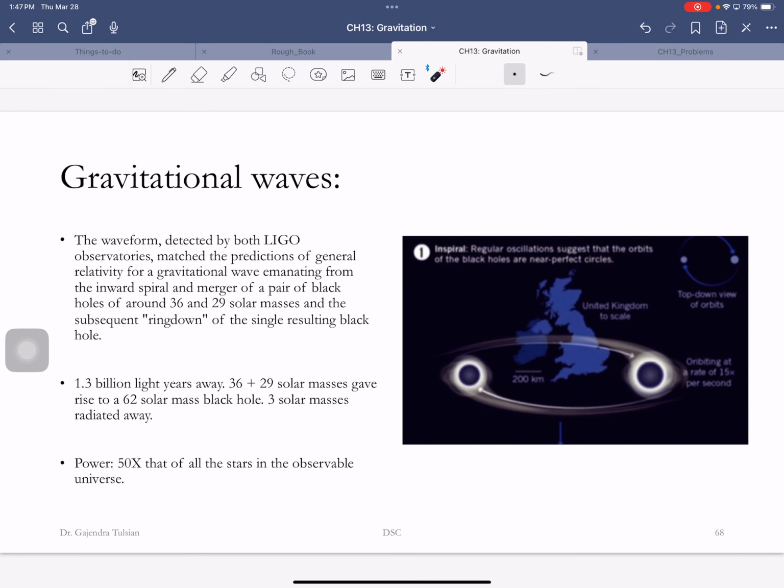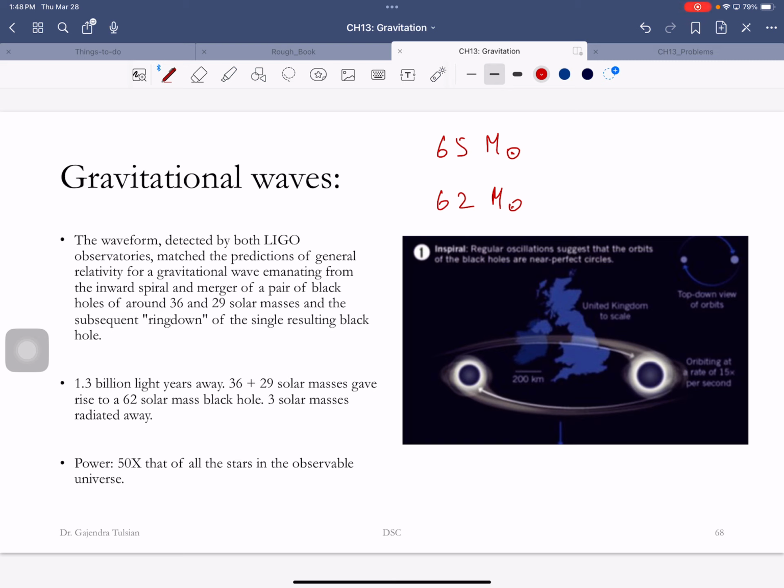So this one black hole was 36 solar masses, and this one was 29 solar masses. That's a total of 65 solar masses. They're radiating energy and losing mass, and when they merged, they became a 62 solar mass object. Most of the energy was lost in the very last few milliseconds.